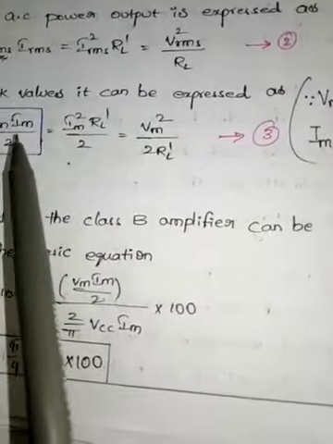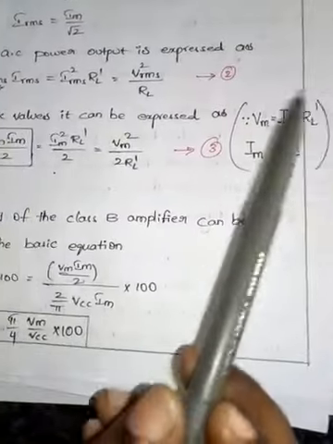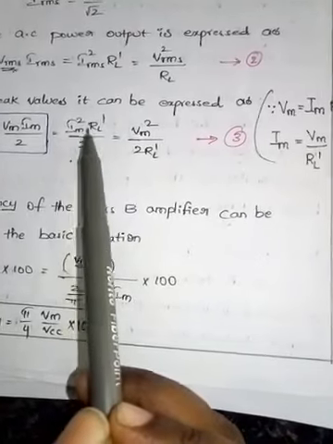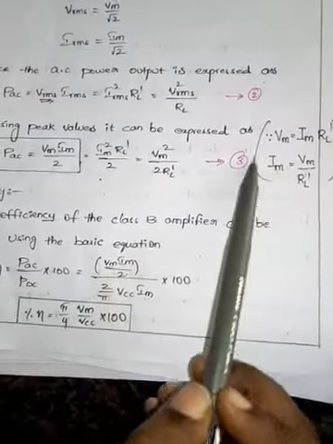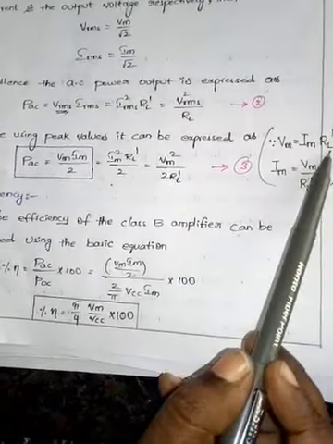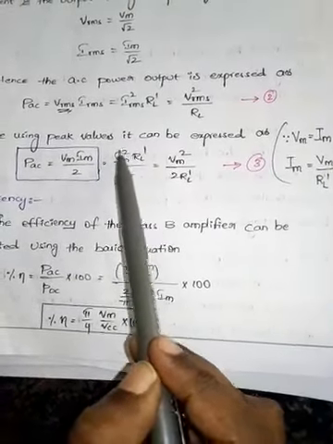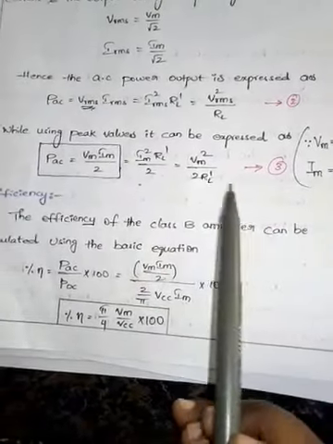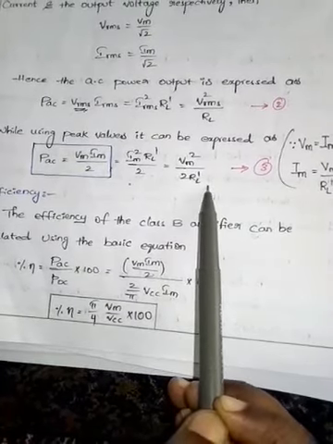If you substitute Im into RL dash in the place of Vm, then you will get Im square RL dash by 2. Again, from this expression Im equals Vm divided by RL dash. If we substitute this value in the place of Im, then you will get Vm square divided by 2 RL dash.